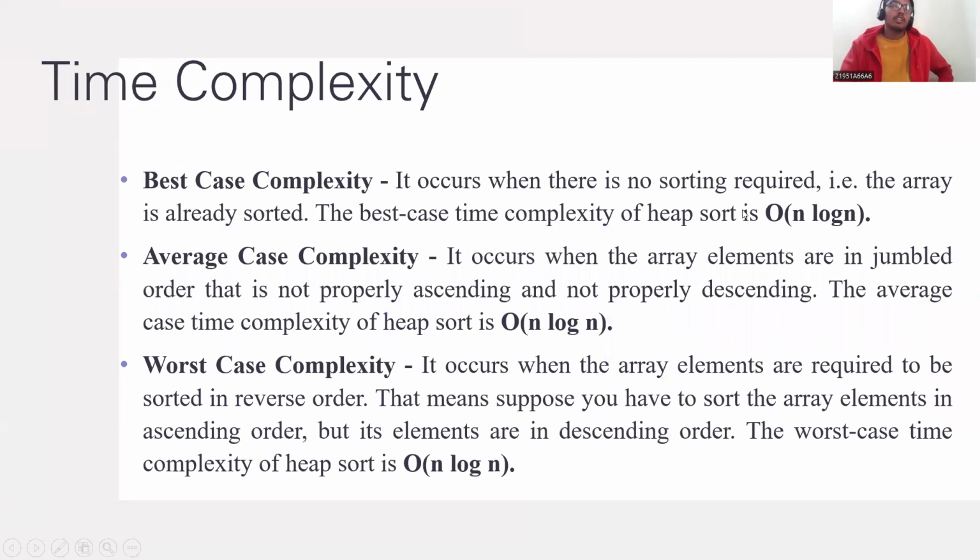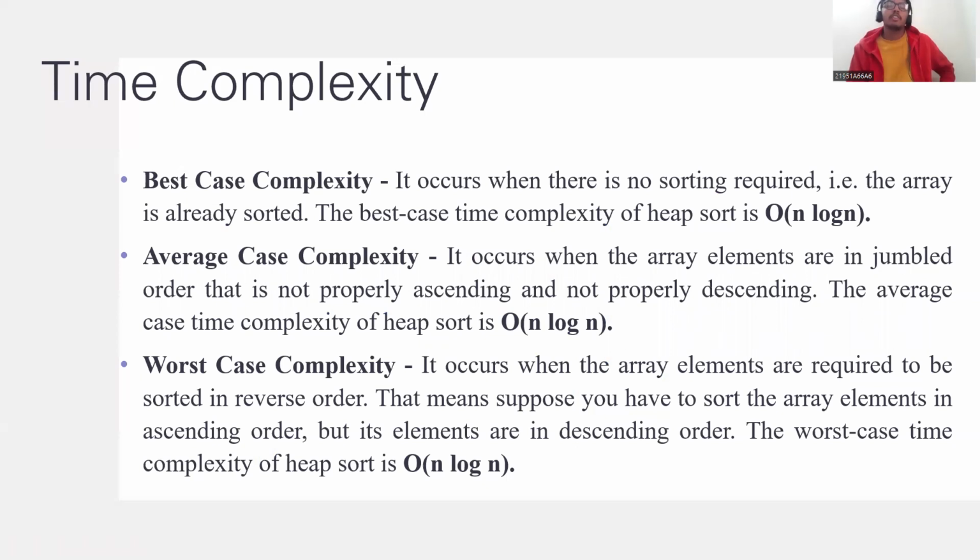The time complexity. The best case complexity occurs when no sorting is required, that is, the array is already sorted. The best case time complexity of heap sort is O of n log n.